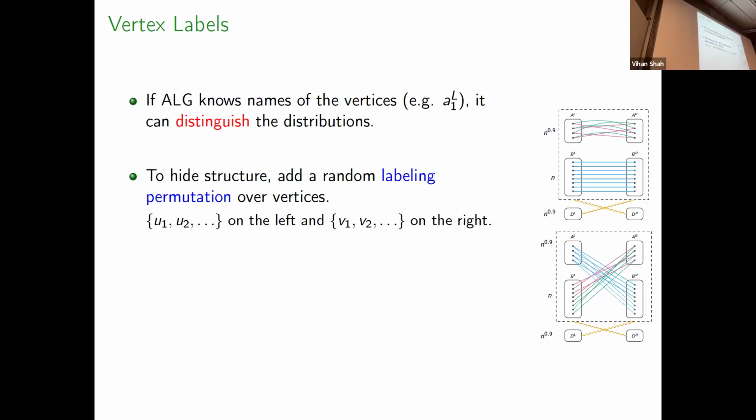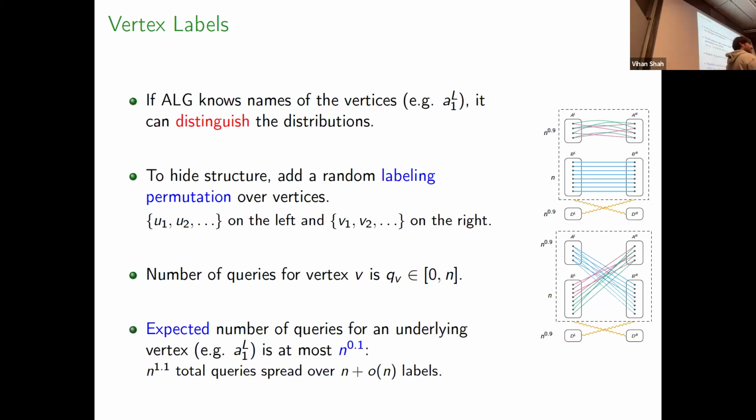And the algorithm is deterministic, right? So for every vertex V, it's going to fix Q_V number of queries, and this Q_V can be anywhere between 0 and n. So I can say, for this vertex V, I'm going to make n queries. For these guys, maybe one query. But because of this random labeling, notice what happens for an underlying vertex.